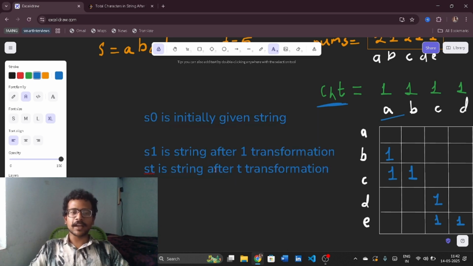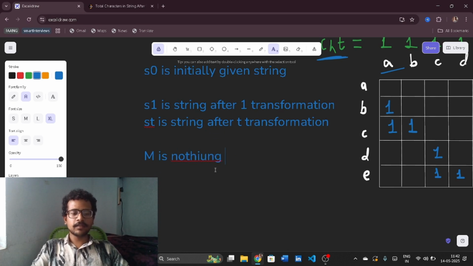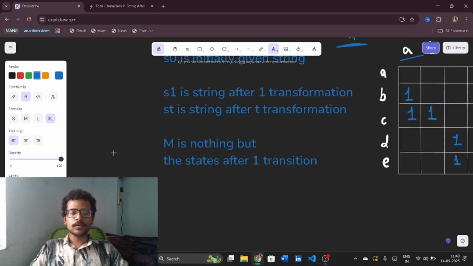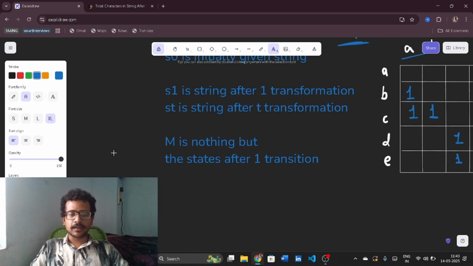Now what is M? M is nothing but the states after one transition, right? I think it's clear for now. M is nothing but the matrix.